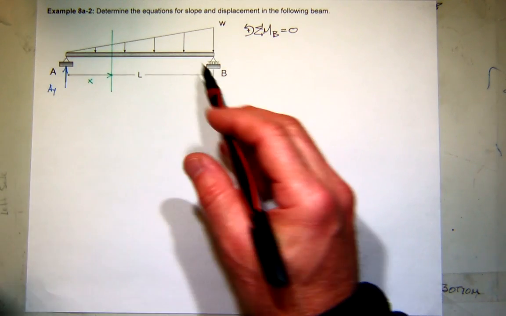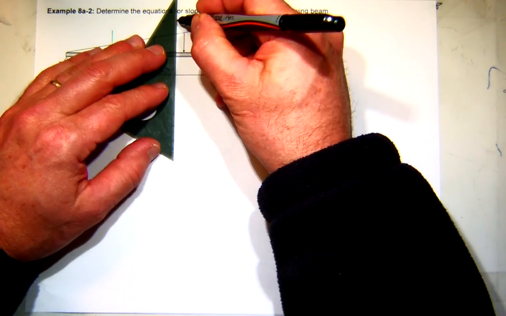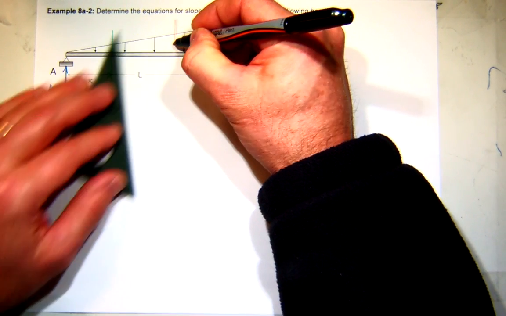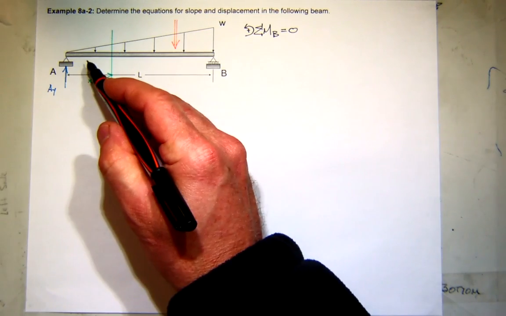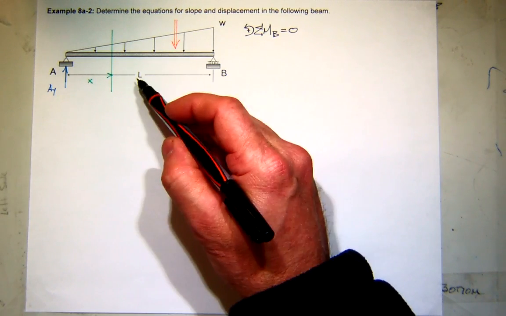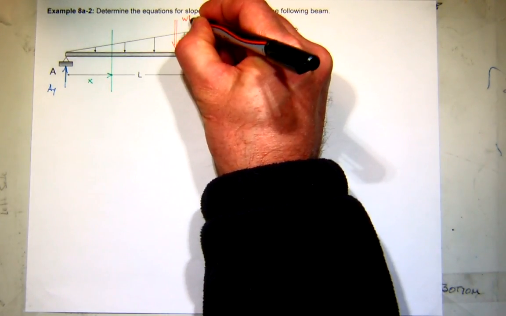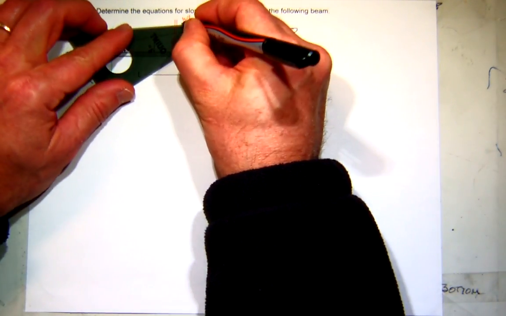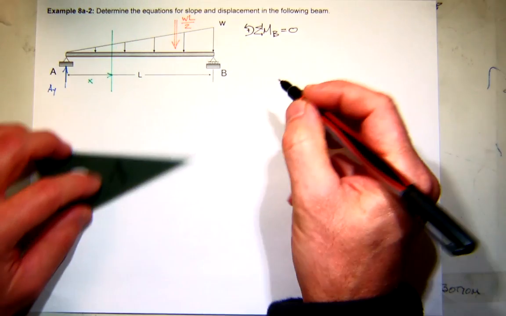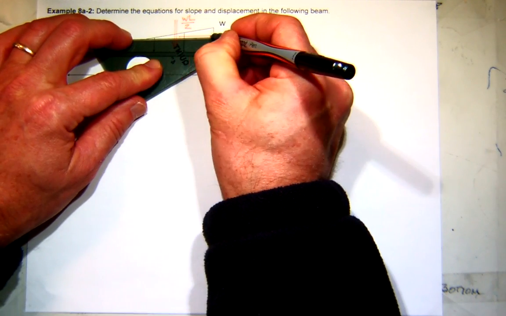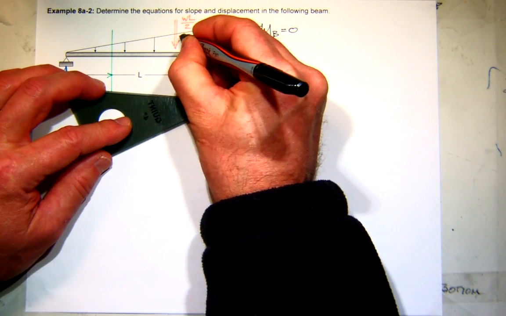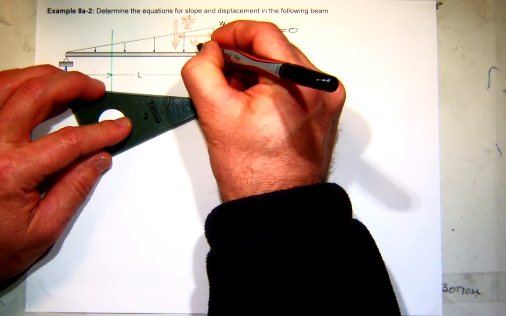Since it's a triangle, it's going to occur over here on the higher side, the higher intensity. And of course the area of a triangle is 1/2 base times height. So this is going to have a value of WL over 2. And the distance from B will be L over 3.